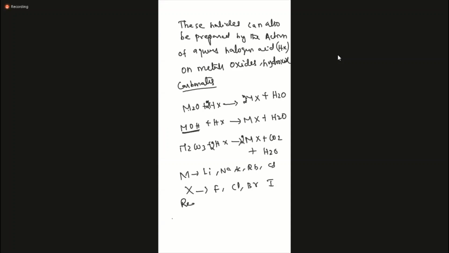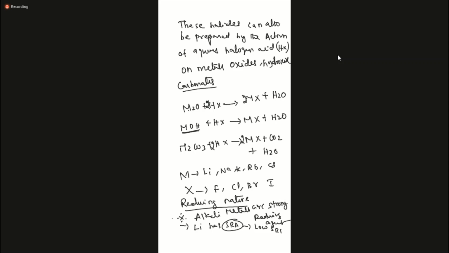Reducing nature is the next property. Generally, alkali metals are strong reducing agents. Please note, in the whole periodic table, alkali metals are strong reducing agents. Lithium is the strongest reducing agent because it has a low SRP value, standard reduction potential value.